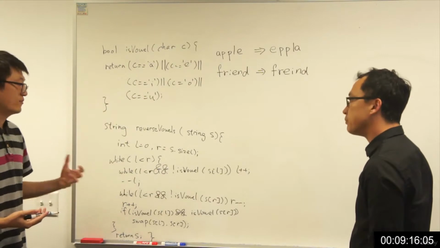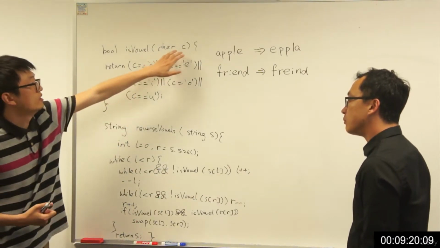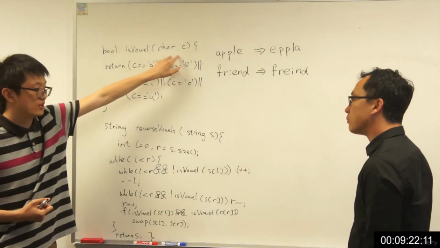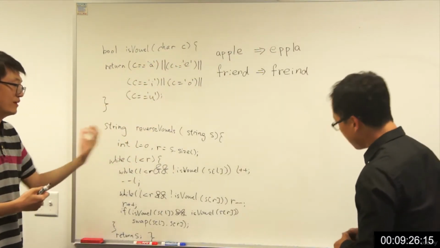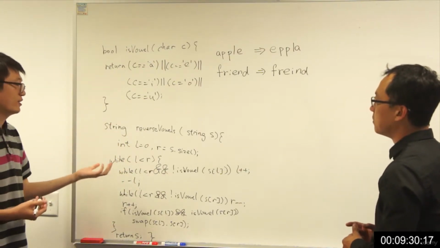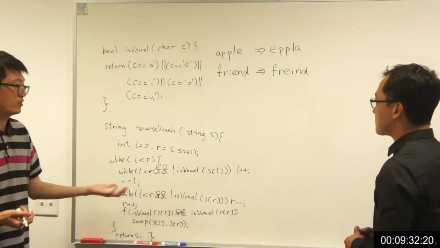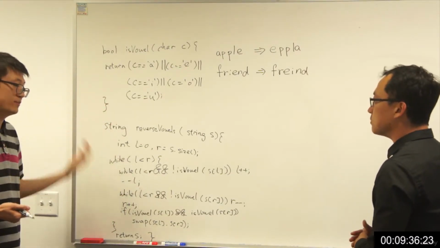Maybe we can put this into a hash table of length 26, because we only have 26 characters. And it's a Boolean array, right? It simply contains whether it's a vowel or not, and then we can just check the Boolean array.